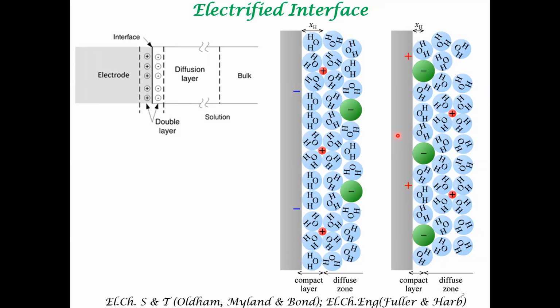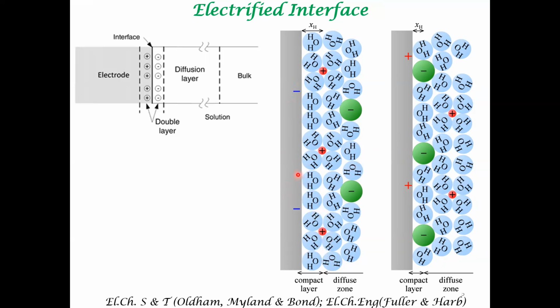Okay, as opposed to that, when you have a negatively charged electrode surface, it is not possible to strip off the water from cations. So the cations still bind through the water molecule. Both these systems are possible. Okay, so this is called compact. These ions are stuck to the electrode surface.